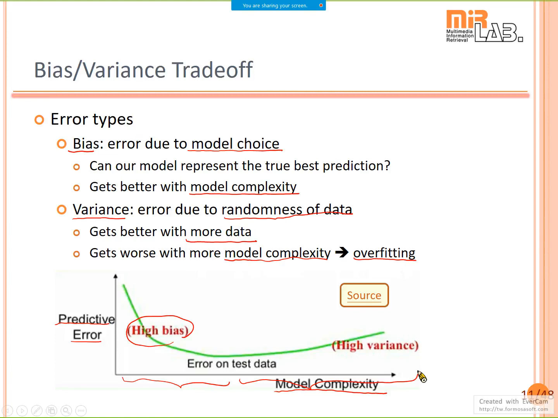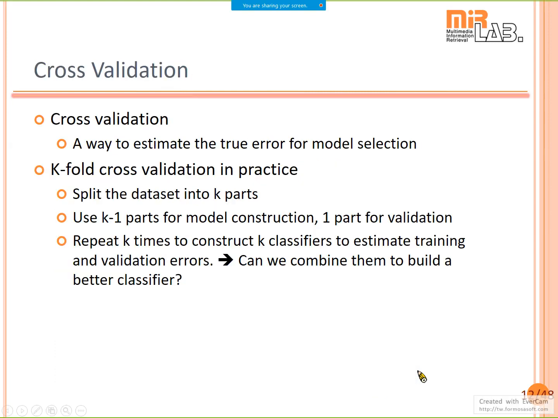Okay, so in order to plot this bias variance trade-off, one thing we can do is cross validation. And cross validation is a way to estimate the true error. Remember, we are trying to estimate because we don't know the underlying distribution, so we can only use data to estimate the true error for model selection. So the process of k-fold cross-validation is like this.